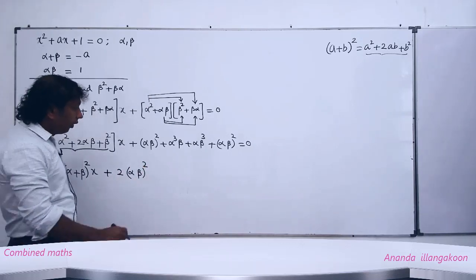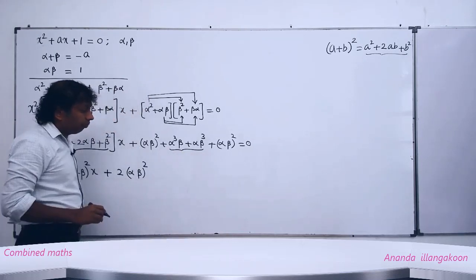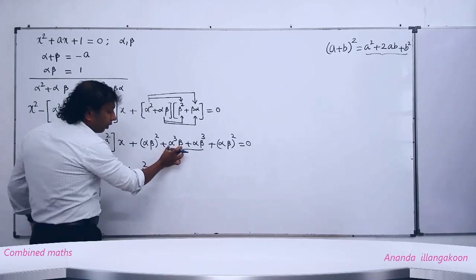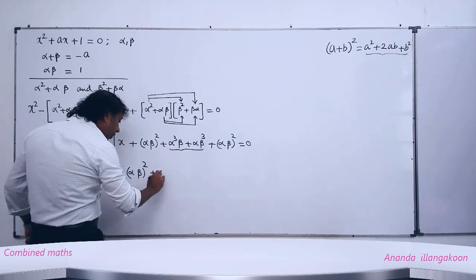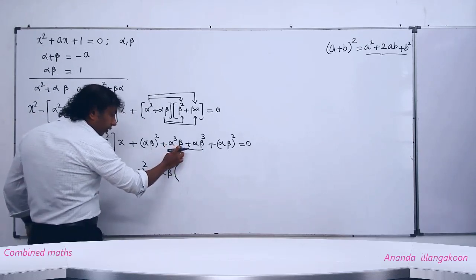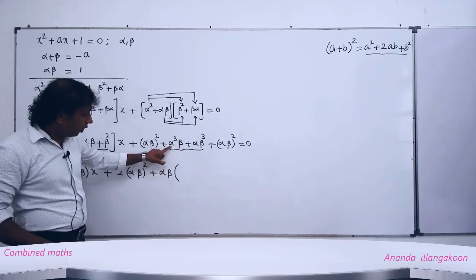Right. And from these two terms, people, we can take alpha beta product is common. Alpha beta product is common. Once you take alpha and beta, right? This beta, when you take here, we have only alpha cube.